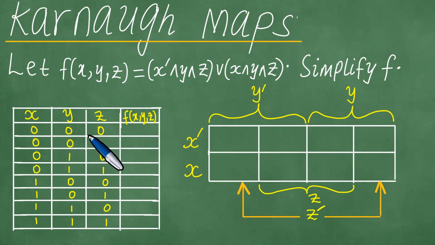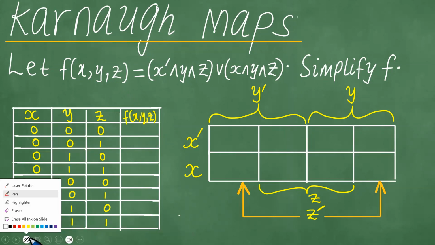For example, if x is 0, we take not x, which is a 1, and 0 and 0, which is a 0. And if you have 0 and 0 and 0, you get a 0. Therefore, the result here becomes a big 0. So now we write here a 0.